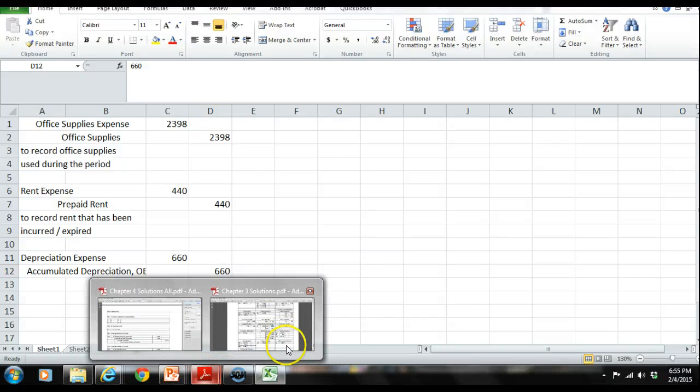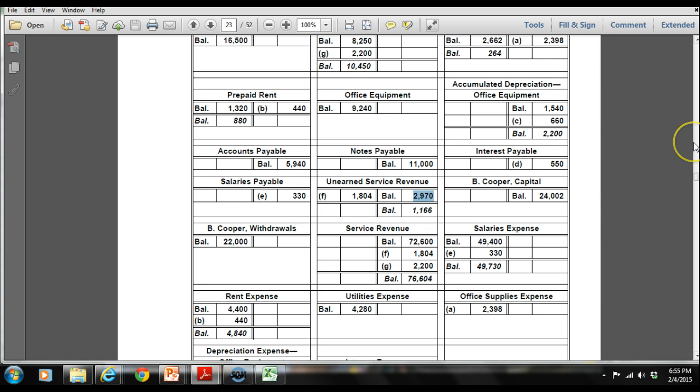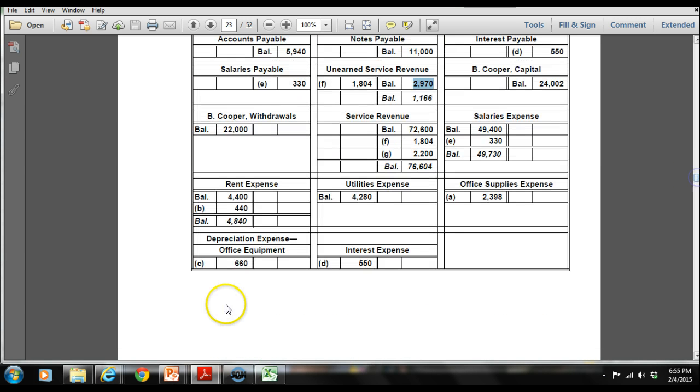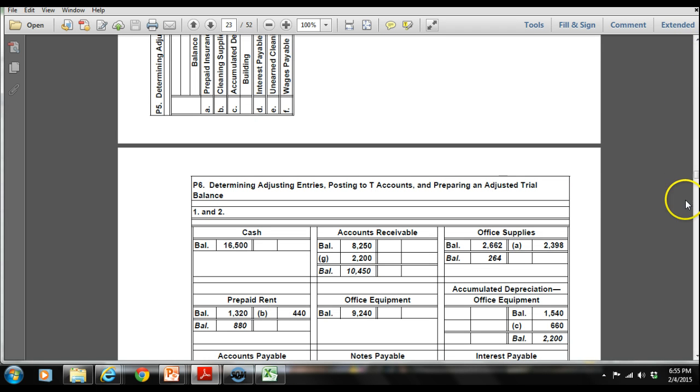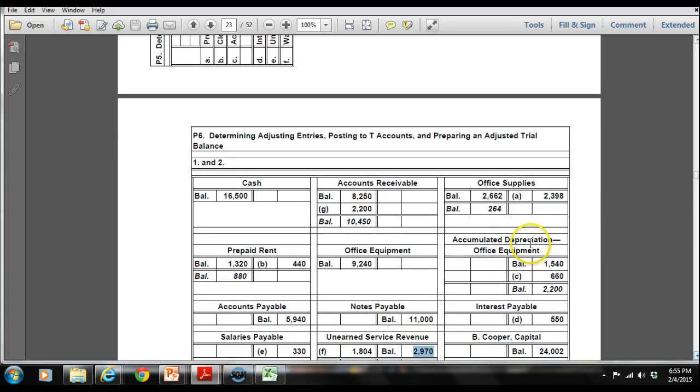Okay, so if you look at this, depreciation expense would be down here. You should put a C in there and a debit of $660, right? Then the other side of the equation is up here, called accumulated depreciation office equipment.